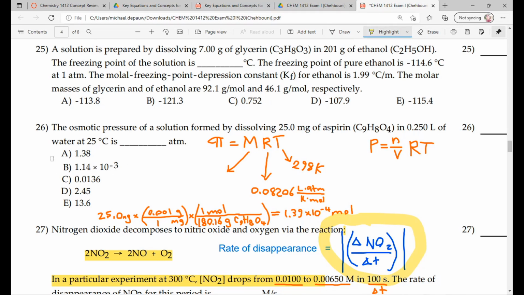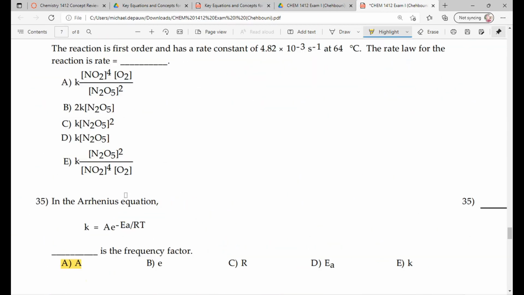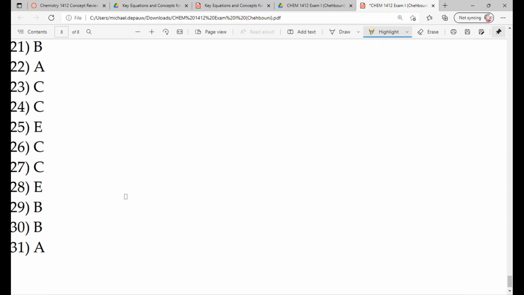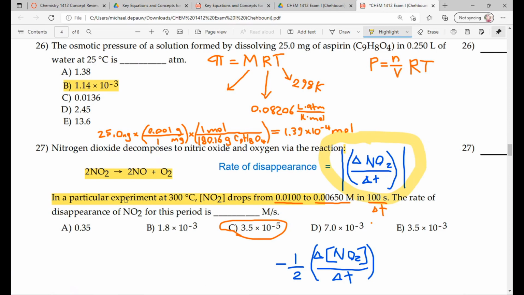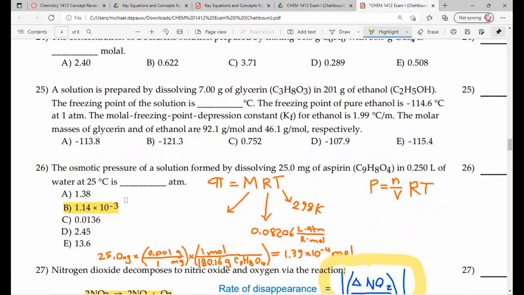Then I'm going to choose to not trust you by checking the answer key. 26, C. Okay, well done. Oh, it's not 1.14 times 10 to the negative 3rd. You lied to me. We're going to have to double check our calculations.